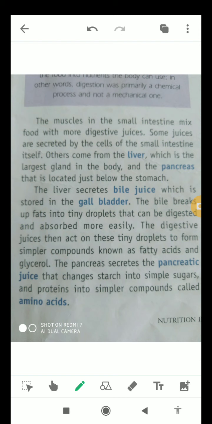The bile breaks up food fat into tiny droplets that can be digested and absorbed more easily. The digestive juices then act on these tiny droplets to form simpler compounds known as fatty acids and glycerol. The pancreas secretes pancreatic juice that changes starch into simple sugar and proteins into simpler compounds called amino acids.